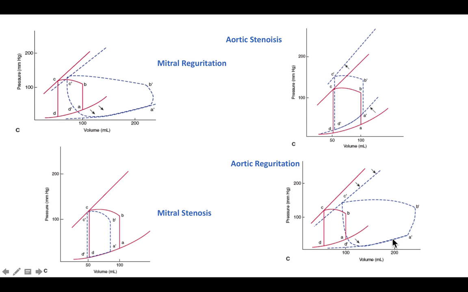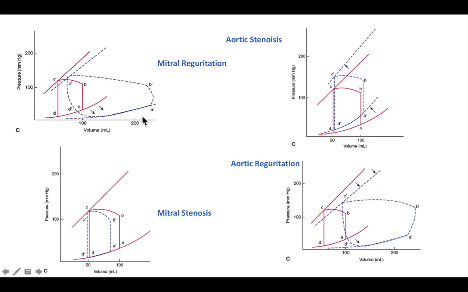In the case of aortic regurgitation, what's happening is blood is flowing from the aorta back through the insufficient valve during filling, and so you've got normal filling going on through the mitral valve, and in addition to that, you have blood coming into the ventricle through the aortic valve, and that results in a higher preload.